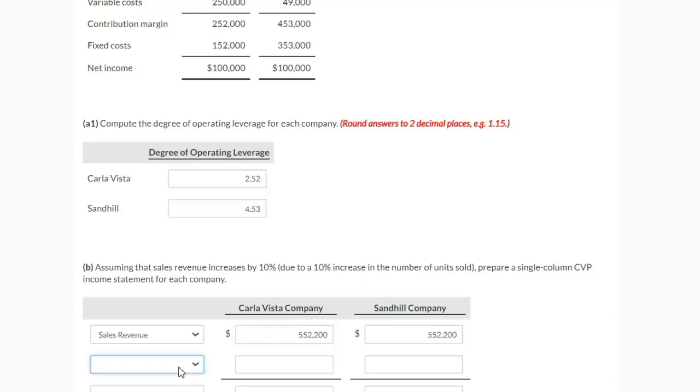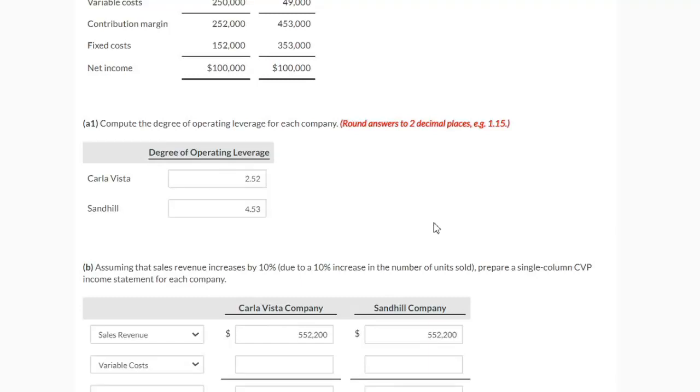All right. Now, wait, this is going to be different. Now you're going to have to figure out what is the variable cost ratio for Clara, because the variable cost ratio will remain the same. So I'd have to find that ratio by dividing the variable cost by sales.